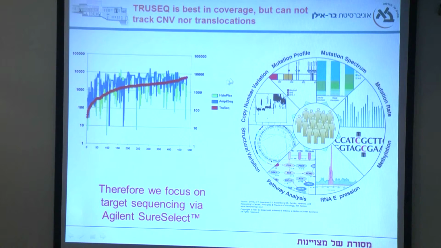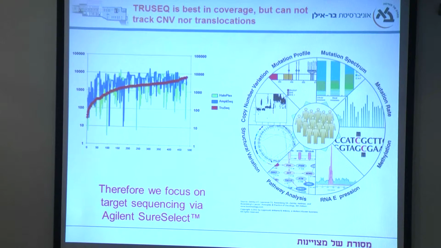fusions, and because the cancer driver mutations fall in different types, not only base pair substitutions, but also copy number variations and translocations, you want a method that will be able to capture all of these things, and you want a method that if you can see an elevated representation in your sequence, this means that there is an amplification.